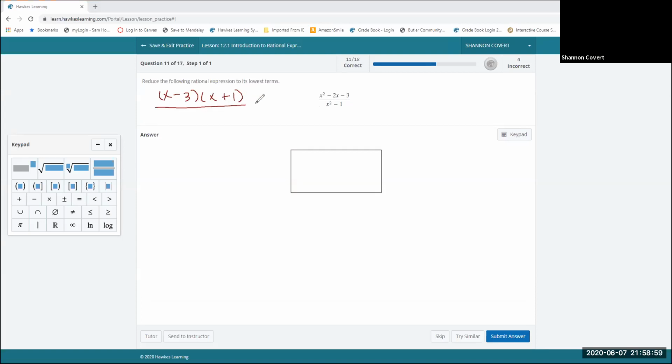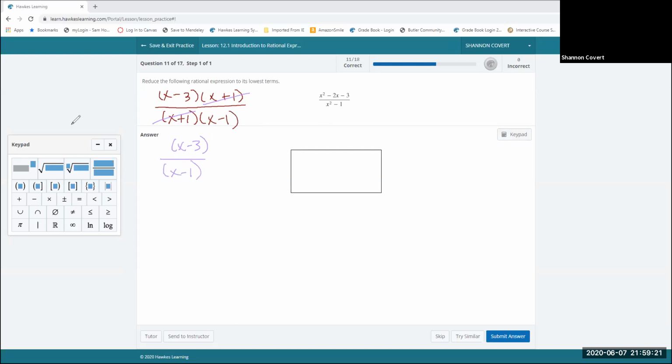And the denominator has x squared minus 1, which is a difference of squares. That factors into x plus 1 times x minus 1. So when I look to see what I can divide out of numerator and denominator, the two x plus 1s will go, leaving me with x minus 3 over x minus 1.